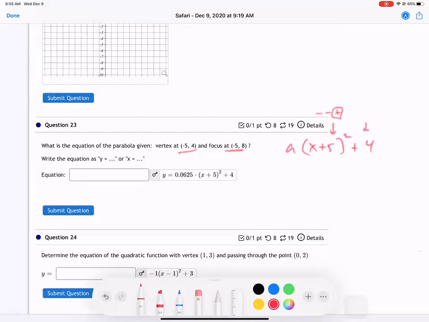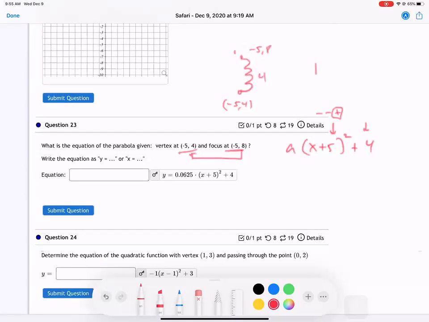Now the thing is, we had a formula to get from the focus to the vertex, right? The focus is from the vertex, not the directrix. So let's draw this out real quick. If my vertex is at (-5, 4) and the focus is up here at (-5, 8), what is the p-value? The distance between them is 4.